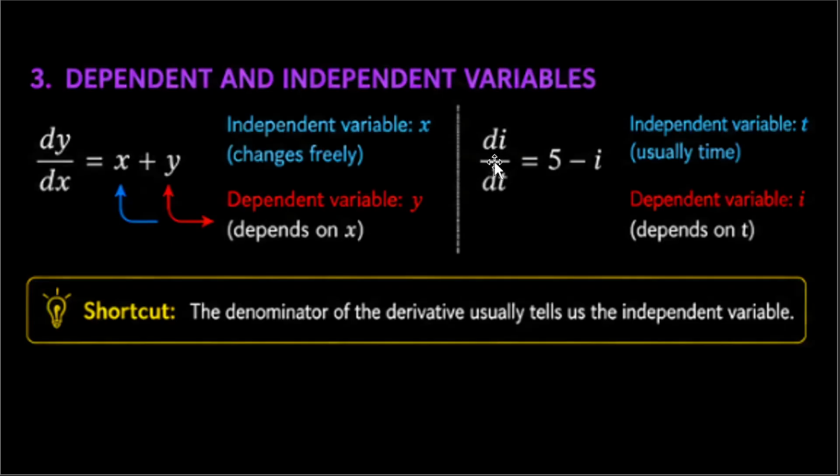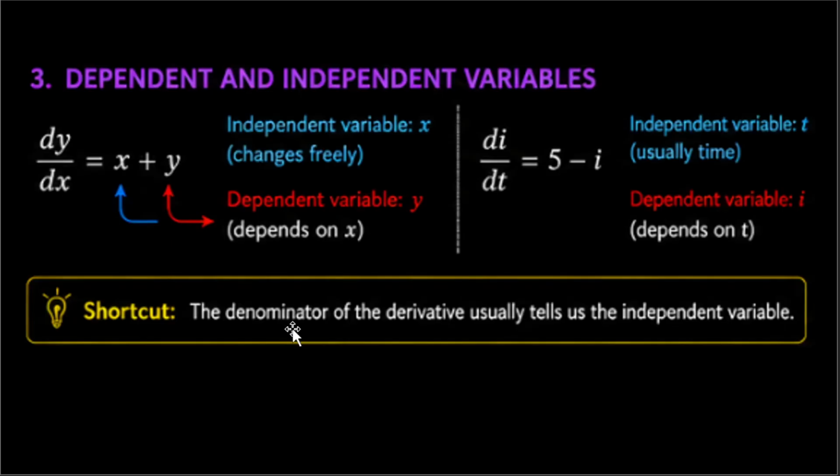Okay, another one. The independent variable for this one is t, because t stands for time. The dependent variable here is I, because as we know, current is the change of charge per unit time. Therefore, the value of current is dependent on t, which is time.